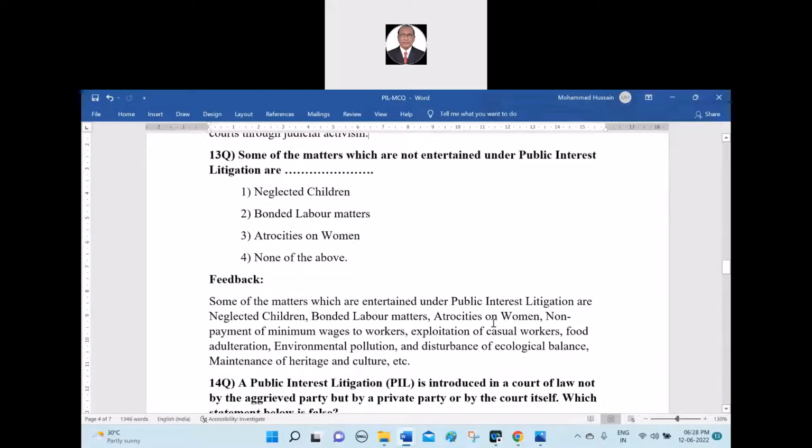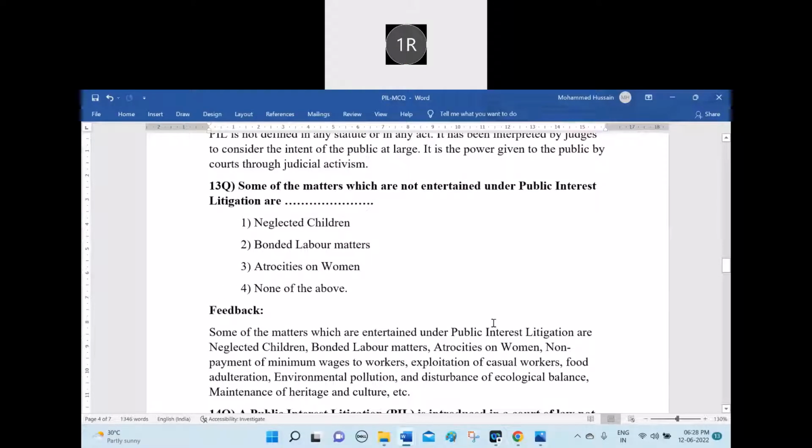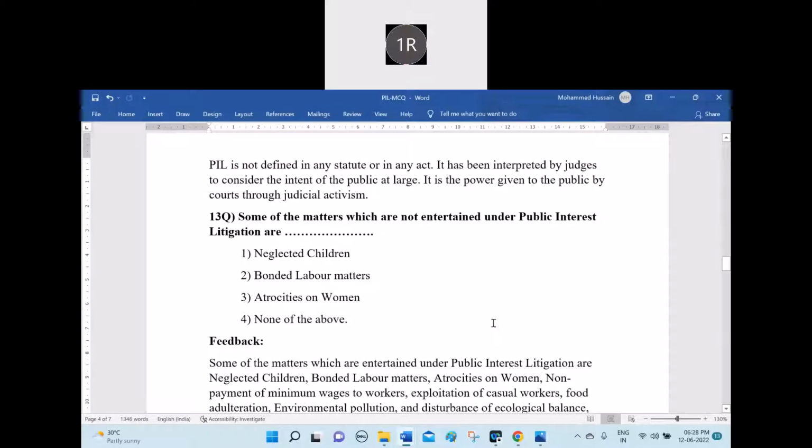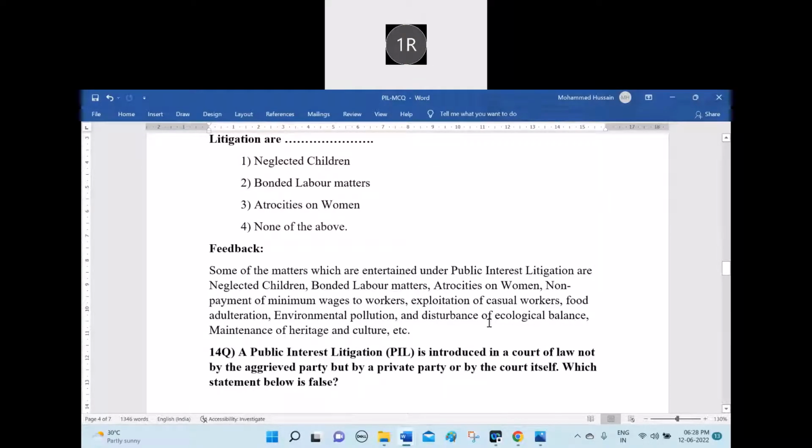See, what are the matters to be undertaken by the public interest litigation? Atrocities on women. Atrocities means sexual harassment, all of it will come, sir. In other words, it is a public human rights violation, a sexual violation, like the Vishaka case law. Yeah, Vishaka versus Rajasthan, okay.